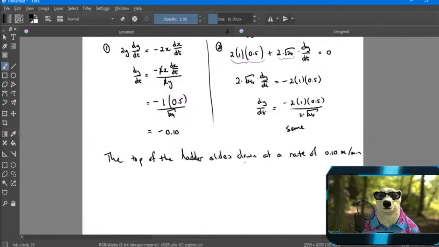Because this is negative, that means it's decreasing, that means it's down.